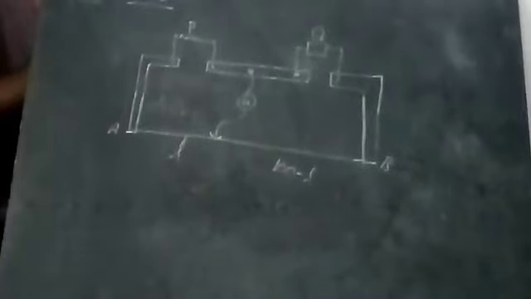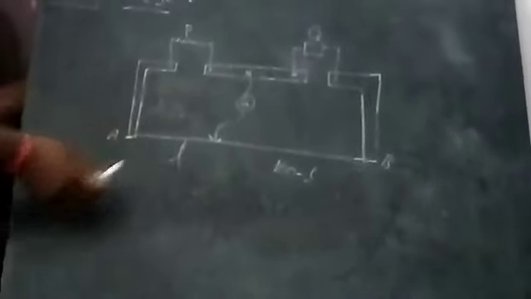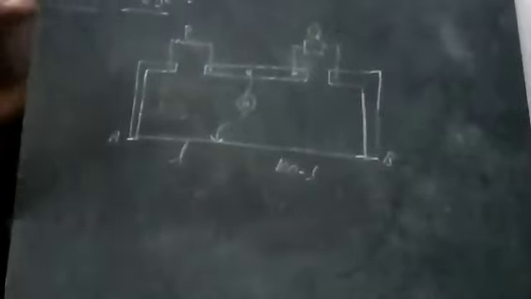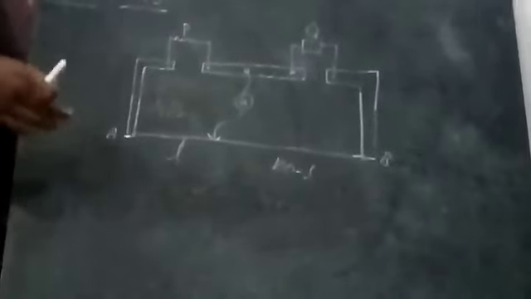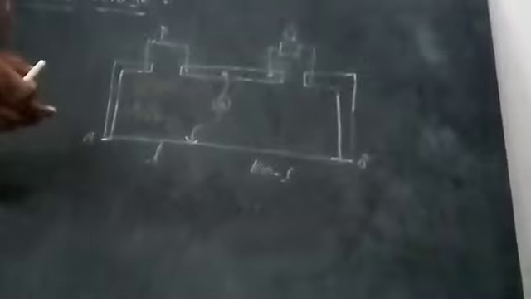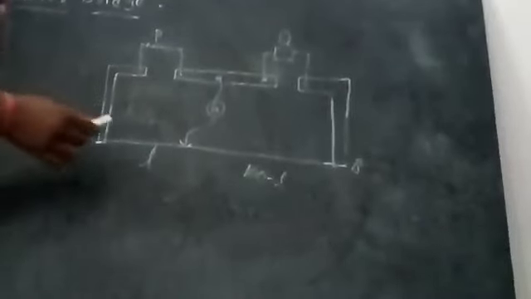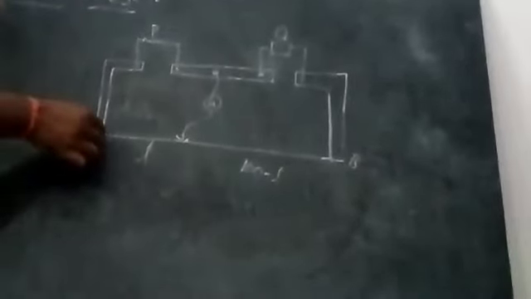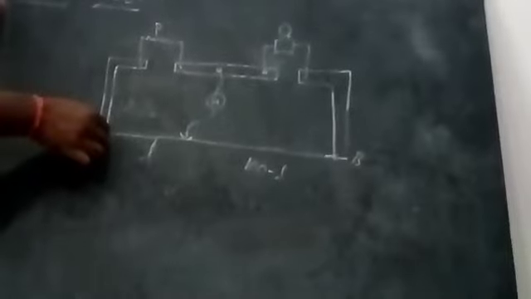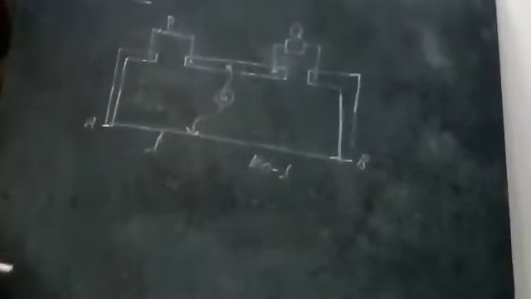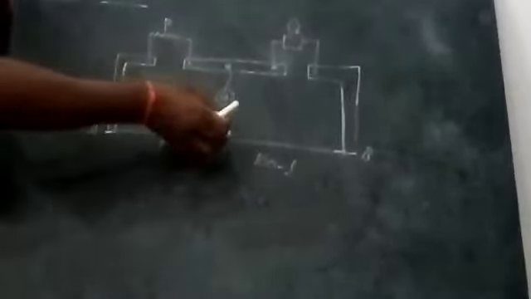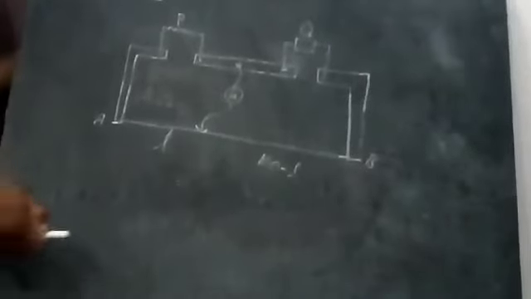Why is manganese particularly preferred? Because manganese is independent of the temperature coefficient: whether the temperature increases or decreases, the resistance value won't change. That is the reason the 1 meter wire is made of manganese.